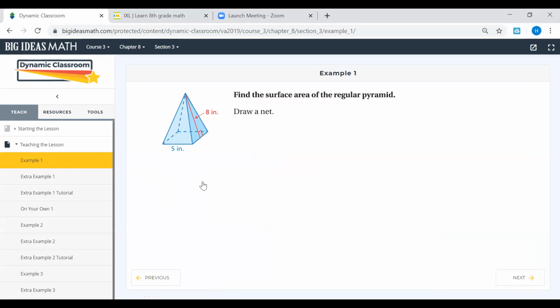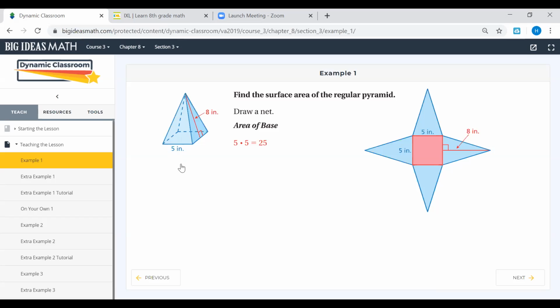And so first you can draw a net. The area of the base is 5 times 5, which equals 25. And then you're going to find the area of each lateral face, which would be half times 5 times 8. And then find the sum of the areas of the base and the lateral faces.